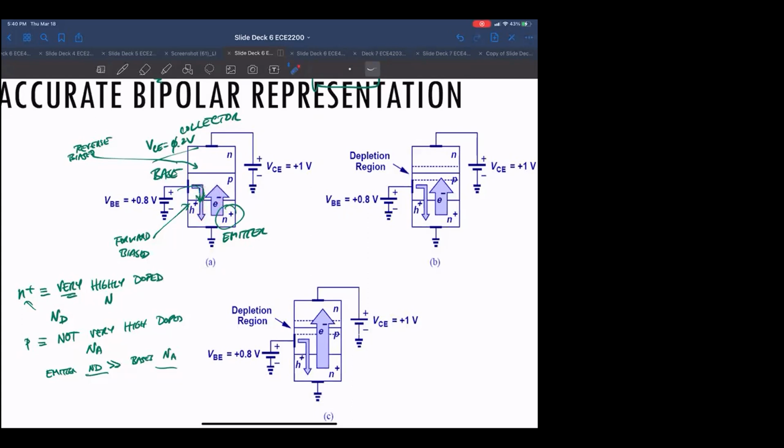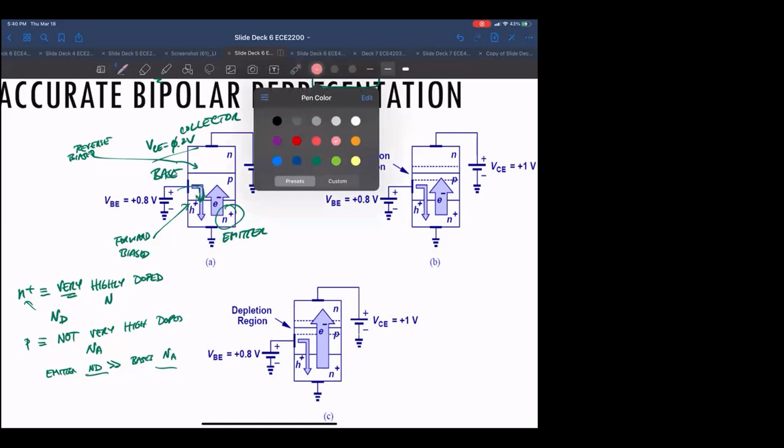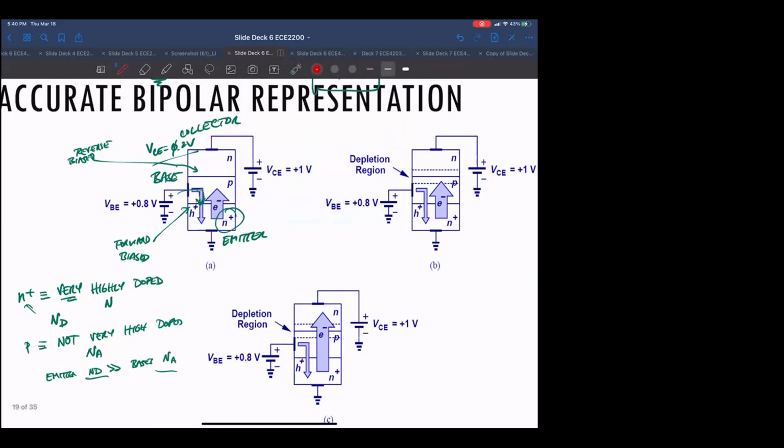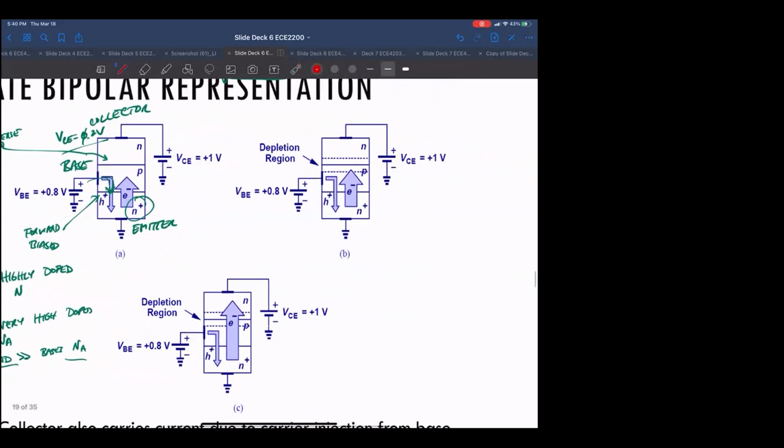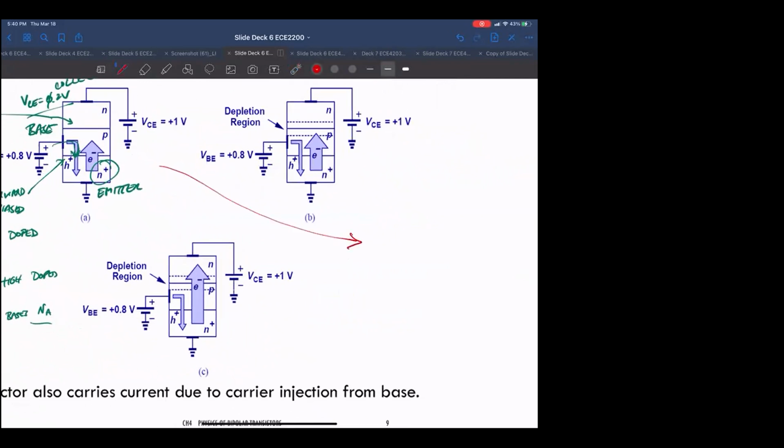And this comes from equation 2.97 of the book, going back to the forward bias junction equation.